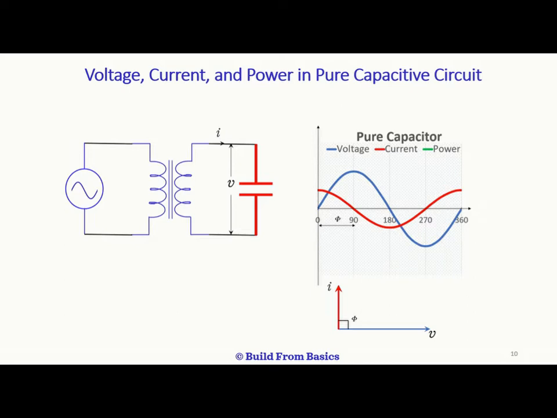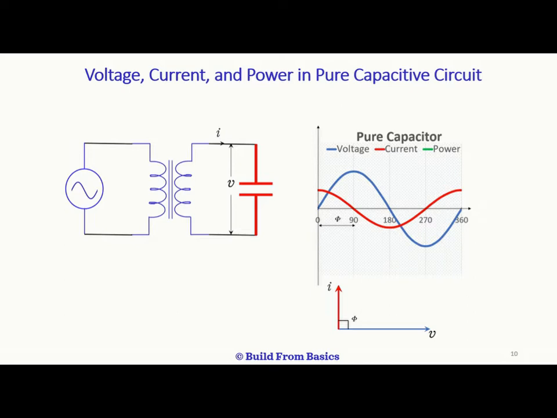So the capacitor starts charging slowly by taking current from the source. Therefore, in a purely capacitive circuit, the voltage cannot increase in phase with the current, as the capacitor needs some time to charge. This makes the voltage follow the current, and the voltage reaches its peak value sometime after the current reaches it.